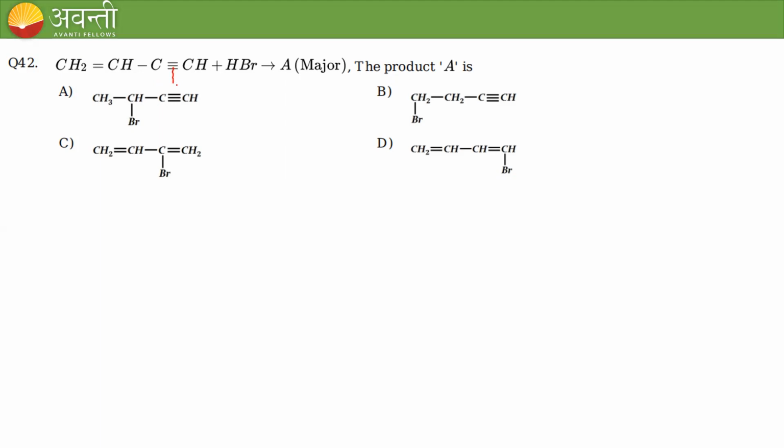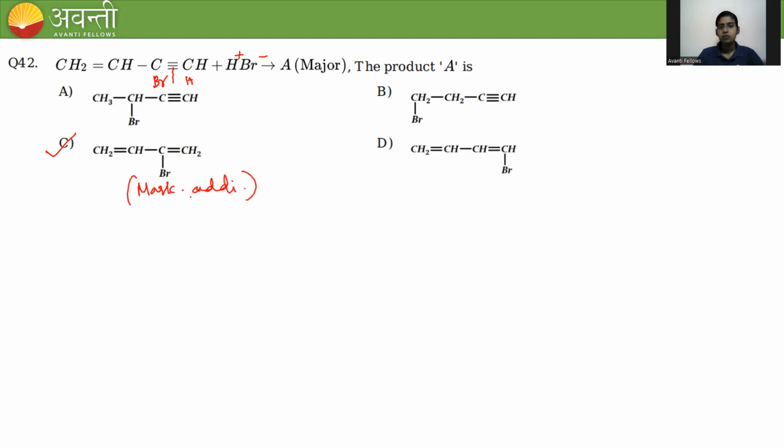One of the pi bonds breaks and the negative part of the addition molecule goes to the carbon which has fewer hydrogens. This is Markovnikov's rule. So Br goes to the carbon which has 0 hydrogen, so it goes here and the hydrogen goes here. So we will get option C as the major product, which follows Markovnikov's addition. Alkynes are more reactive than alkenes since they have 2 pi bonds.